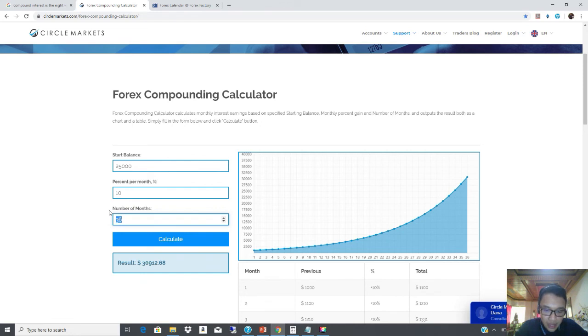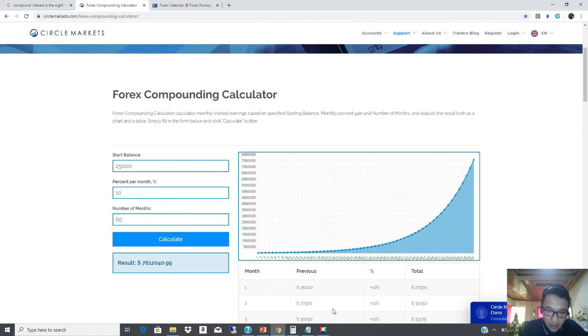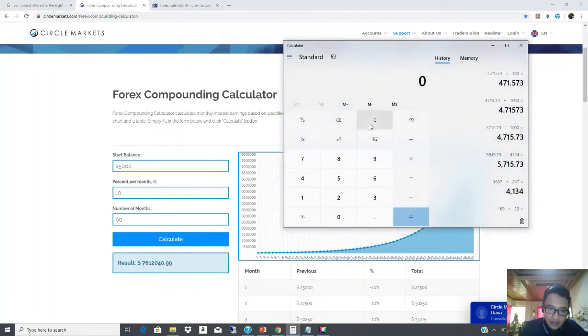So look at my account in 5 years time, 60 months. My account would be 7,612,040 USD. If you convert it to peso, that's 380 million in Philippine peso.